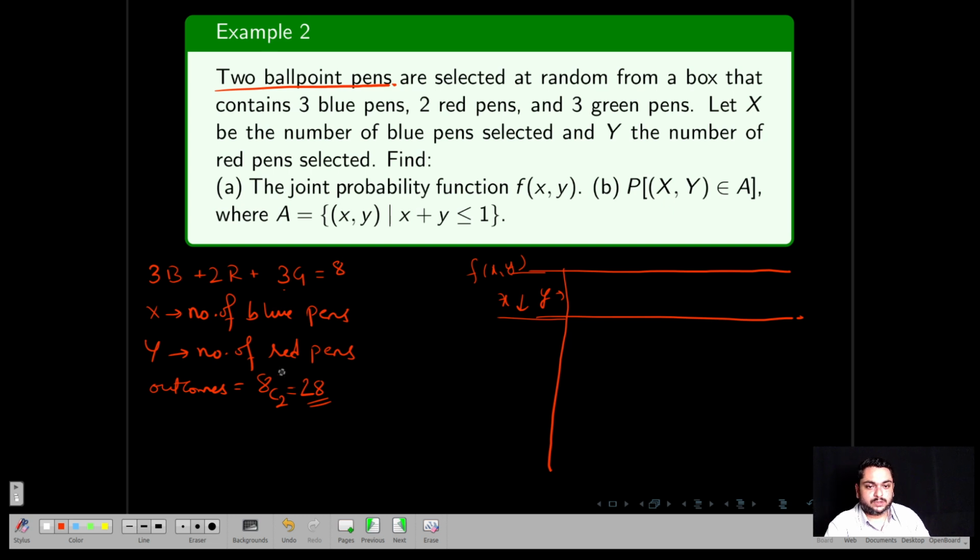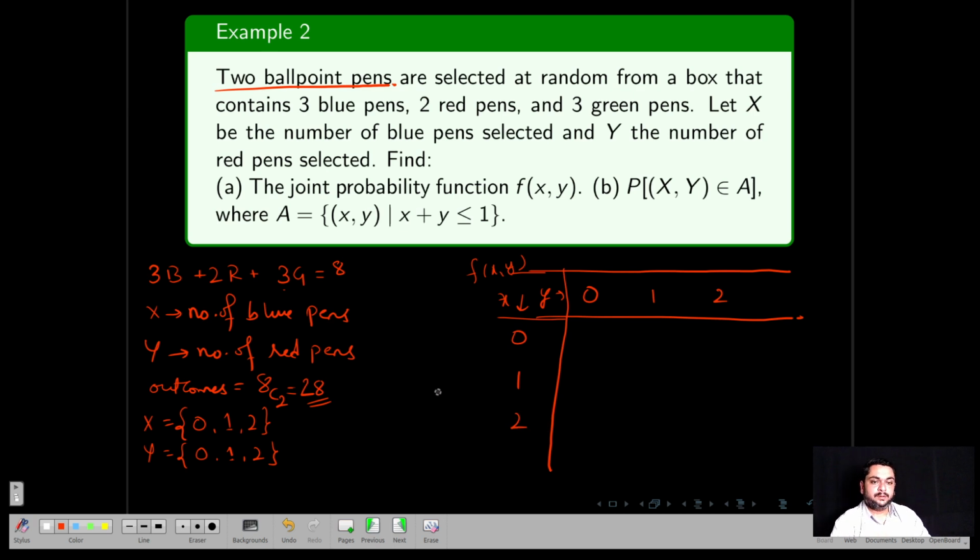The total 2 balls are required. What are the possible values for x? So x can be 0, 1, 2, right? I can select 0 blue pens, 1 blue pen or 2 blue pens. Similarly, y. Because maximum is 2, same 0, 1, 2. So the values are 0, 1, 2, 0, 1, 2.